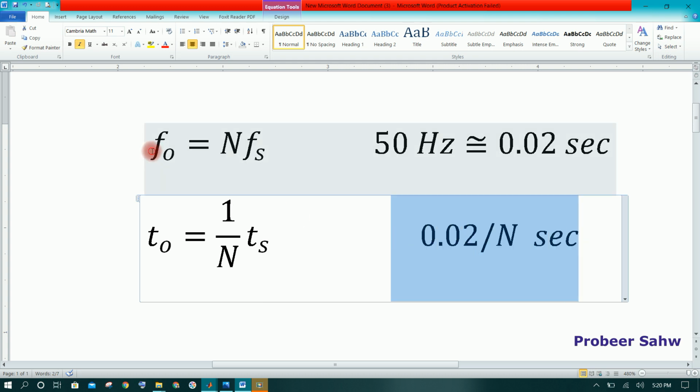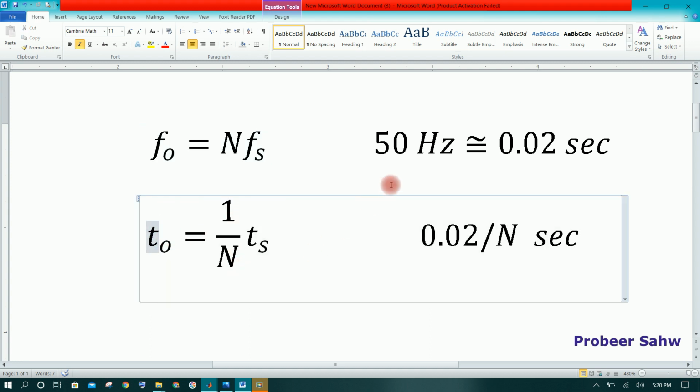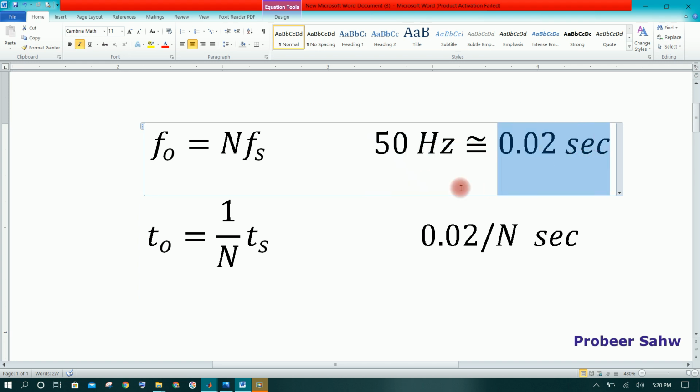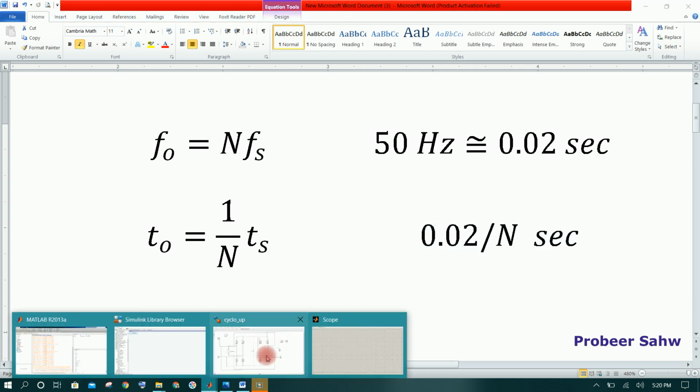Output frequency is n times, output time is 1 by n times. The supply frequency is 50 Hertz, so the time period of supply is 0.02 seconds. Therefore, the time period of the output will be 0.02 by n seconds. This is one condition.